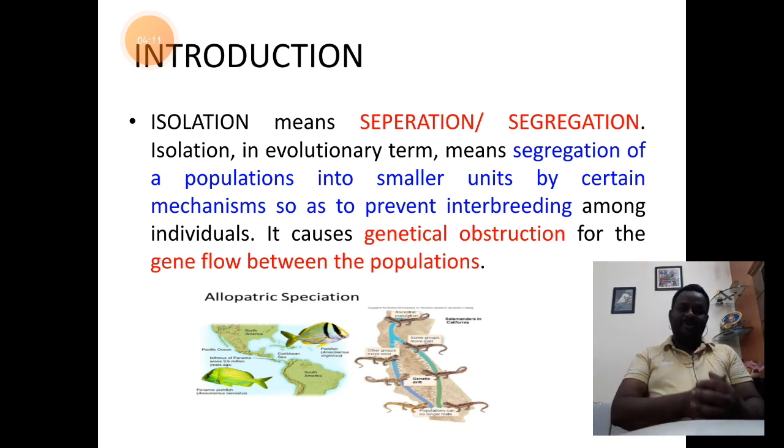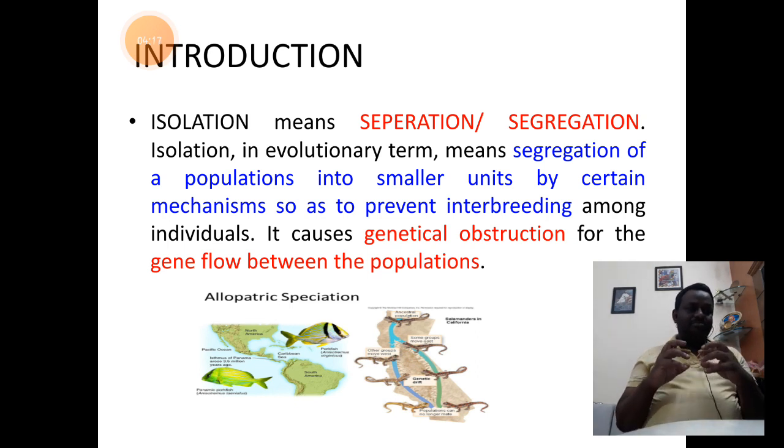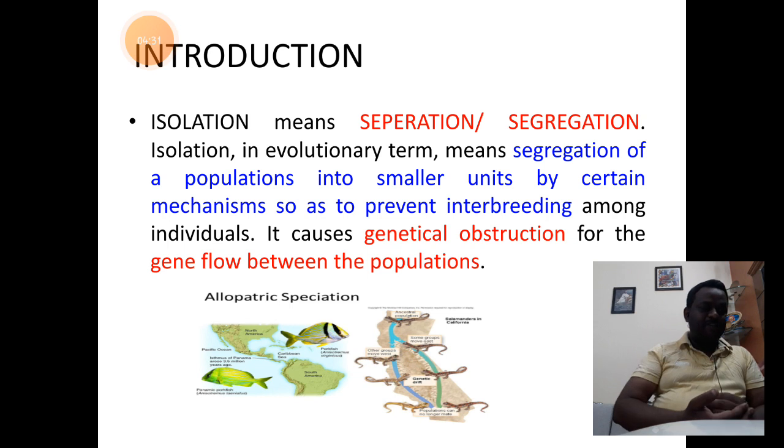Down in the picture of the slide, there are two pictures representing the isolation mechanism. On the left side is the porkfish, one species found towards the Pacific Ocean. The other one is in the Caribbean Ocean.